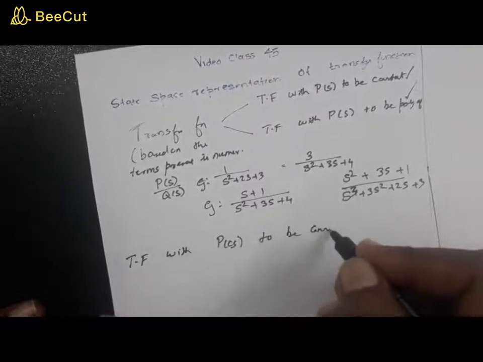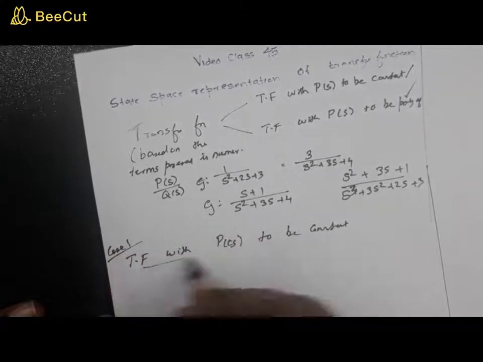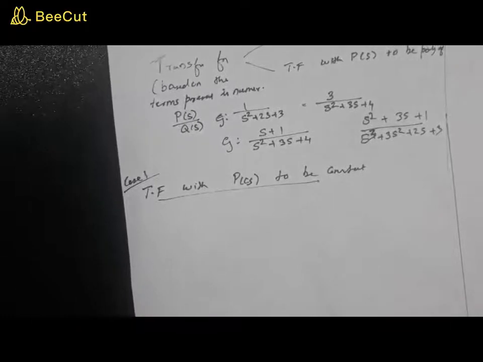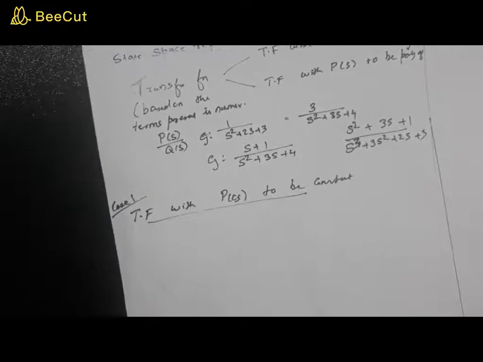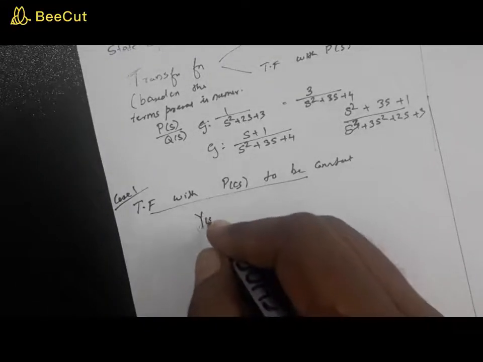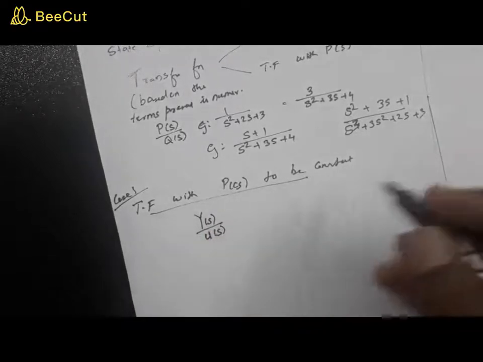That is case 1: we are considering a transfer function with p of s to be a constant. Say we have y of s to u of s.